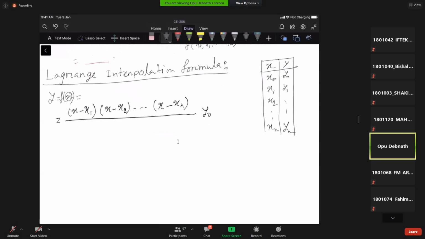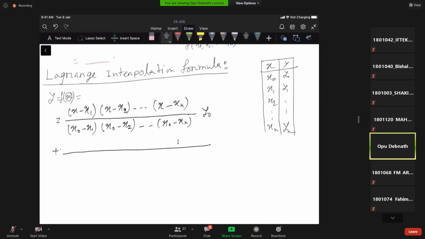In Lagrange interpolation, you simply need to memorize the technique of these equations, nothing else, and then put in the values from your data set as well as the unknown value. And the denominator is x0 minus x1, x0 minus x2, up to x0 minus xn, plus the second term.